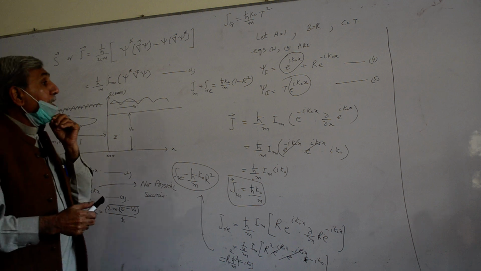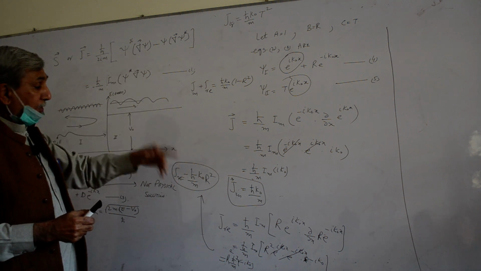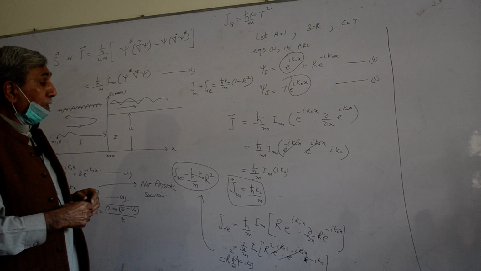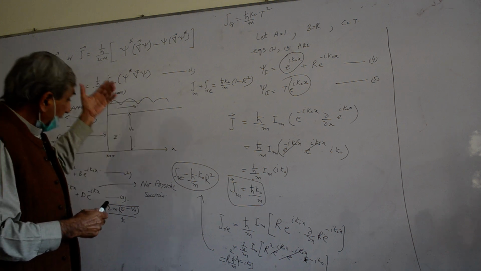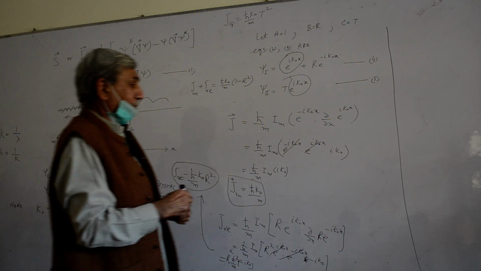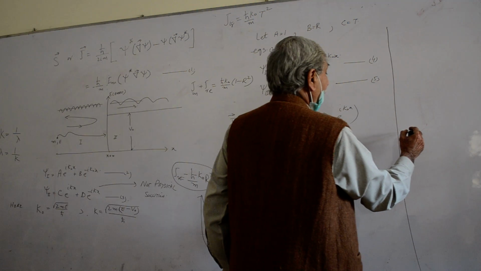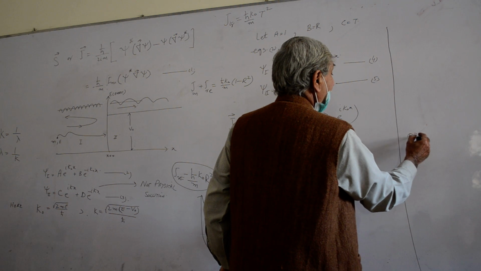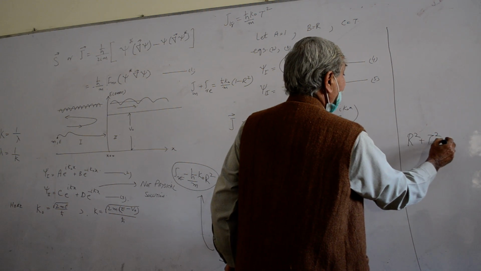Now, if you study this potential step problem, which I have given you as an assignment to read, then you can see there that r square plus t square is equal to 1.